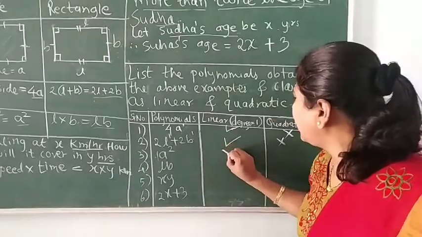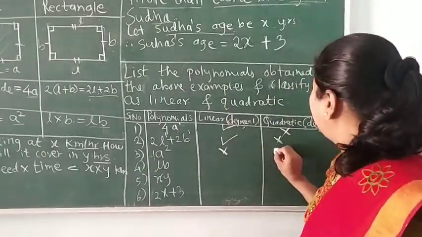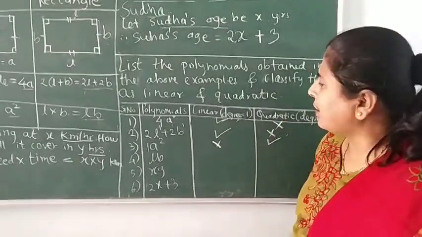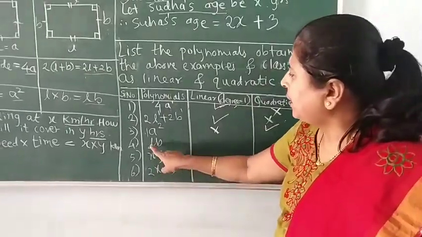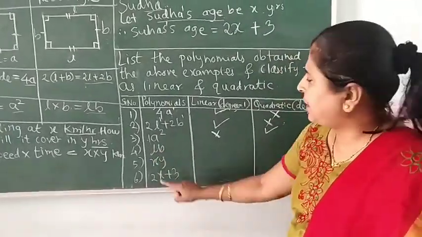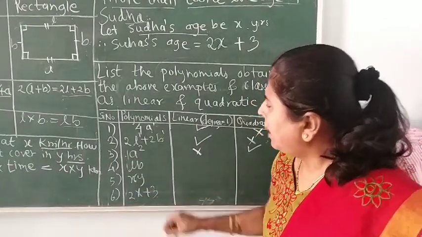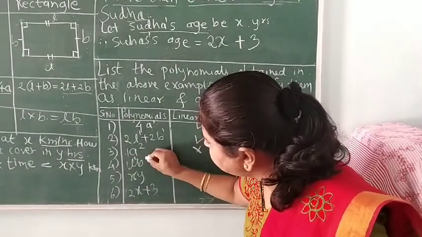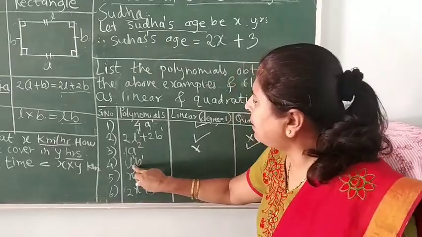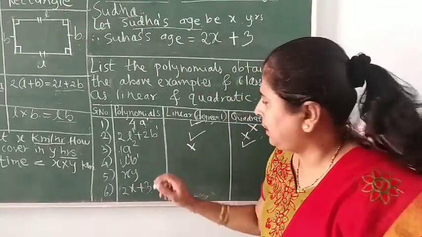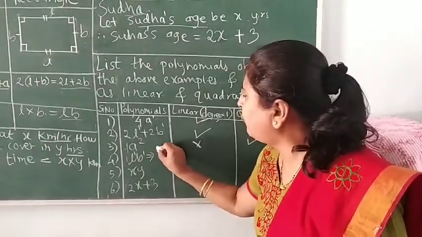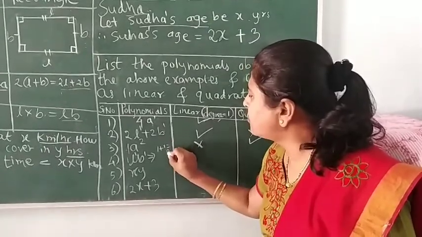So this is not linear but this is a quadratic expression or polynomial. Here we have the term lb. The coefficient of l into b is nothing, meaning it is 1. And what is the power of l? It is 1 and 1. And here it is a multiplication of l into b. Its degree is going to be 1 plus 1, that is 2.